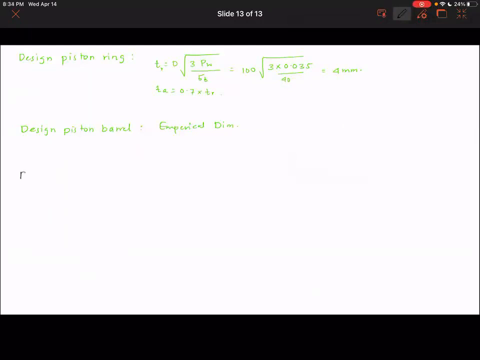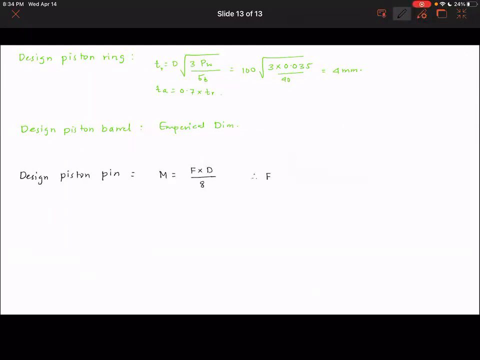Design piston pin. And that is given as, first you have to find out the moment, which is F times D divided by 8.